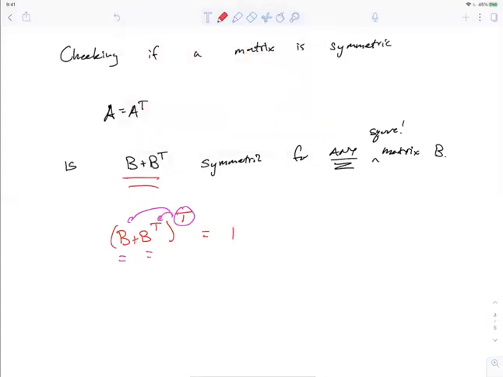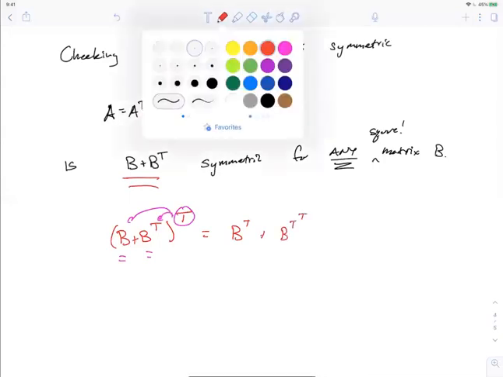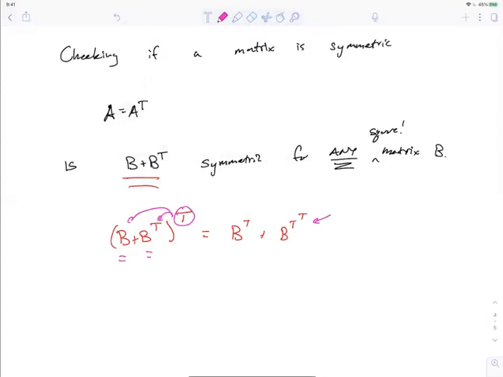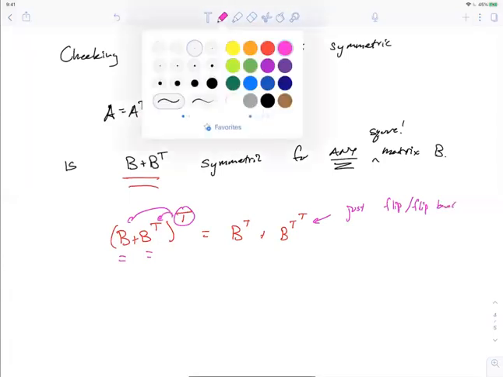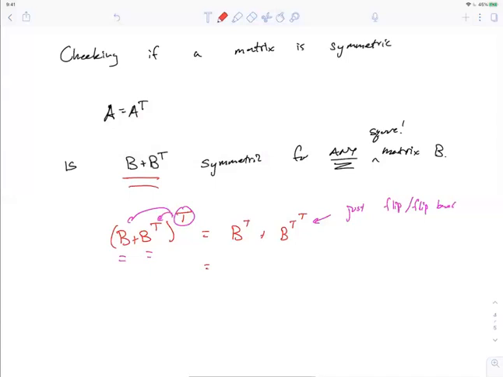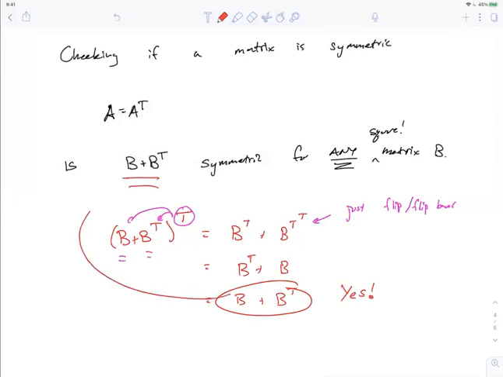So we get B transpose plus B transpose transpose. This just means flip and flip back, so that's just B. And of course, you can commute the matrices when you add them. And so, yes, this is symmetric because you get what you started with when you take the transpose.